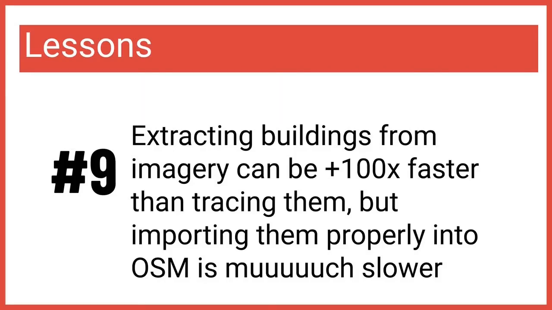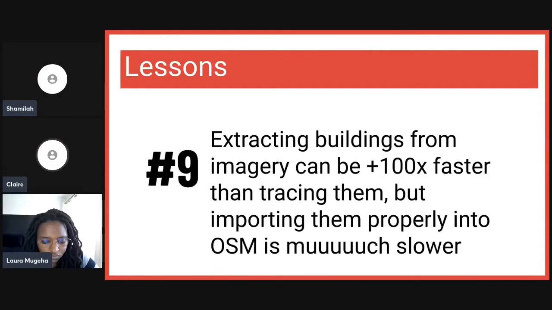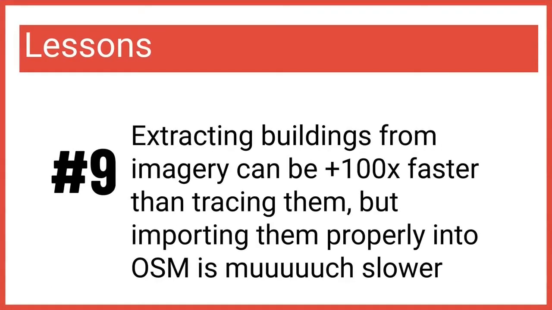Extracting buildings from imagery can effectively be much faster than extracting them from satellite imagery in a manual way. This will be true on the company side. If they have all the imagery and the algorithm configured and adapted to the area of concern, they can extract buildings from imagery much faster than we can trace them. But actually importing these buildings properly into OSM proved to be a much slower process.